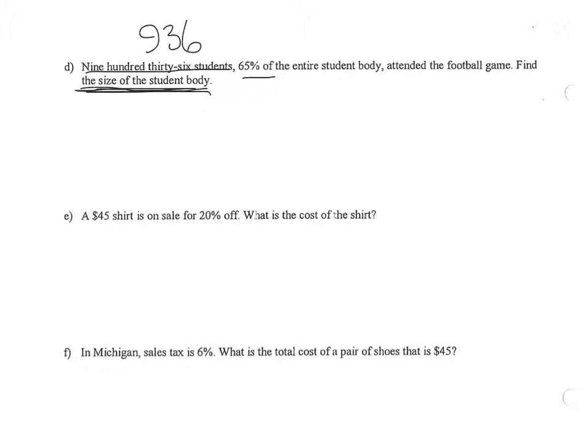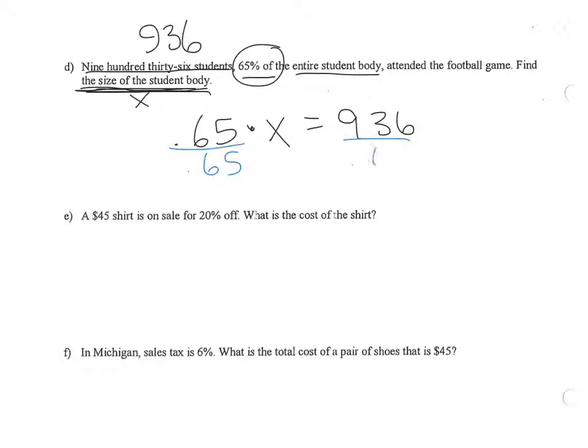So we know that 65% of the entire student body, which we're going to let be X, is 936 students. So I'm going to solve for X and divide both sides by 0.65. So 936 divided by 0.65 is 1,440 students.